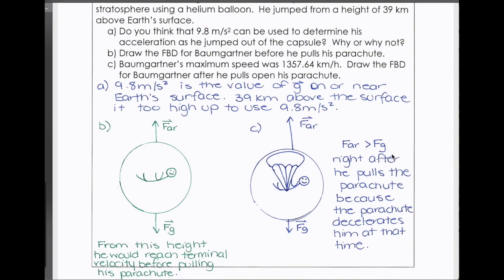Okay, and so because of this, it's going to accelerate him in the upward direction, which is going to decelerate him from the downward direction, which helps to create a safer landing.